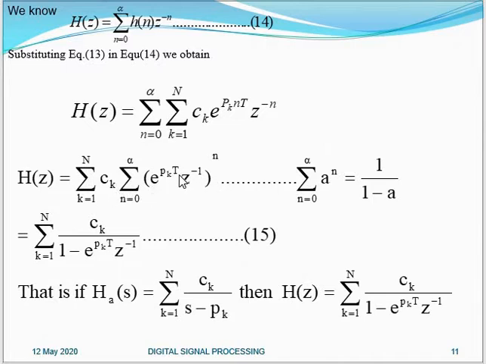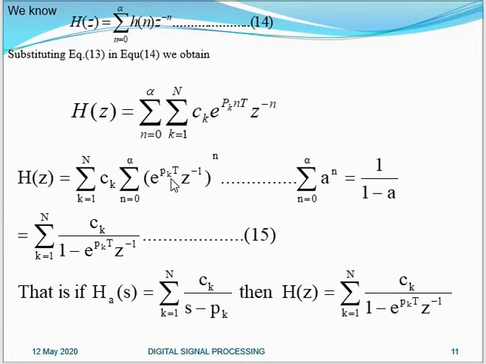This is nothing but a to the power n, summation 0 to infinity: a to the power 0 plus a to the power 1 plus a to the power 2 plus a to the power 3 plus and so on. In binomial form, this is 1 by 1 minus a.